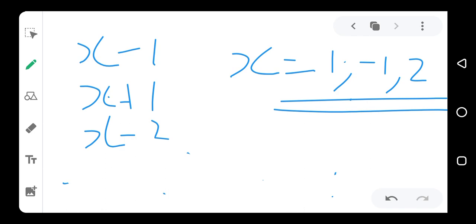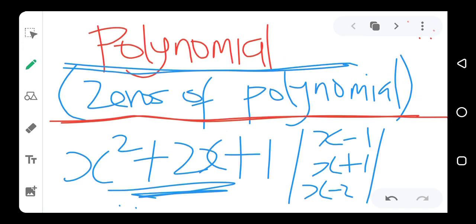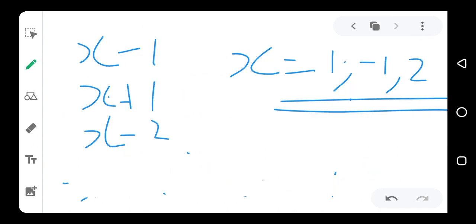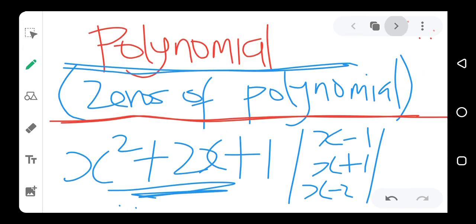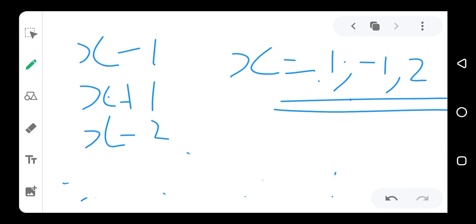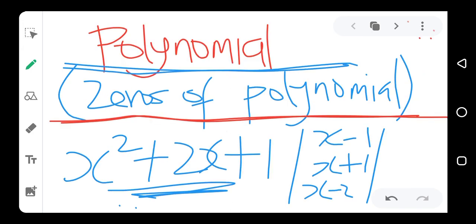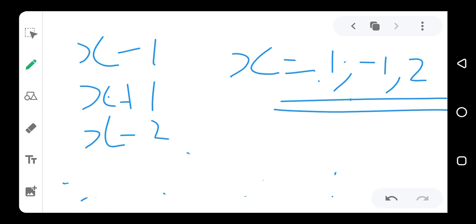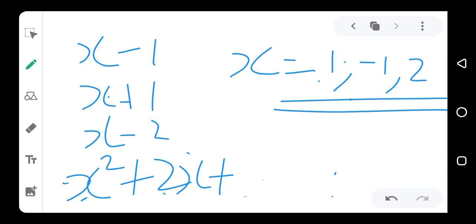Now let's check which of these are the true roots of this expression. Now we put each of these as the value of x in the expression x raised to power 2 plus 2x plus 1.